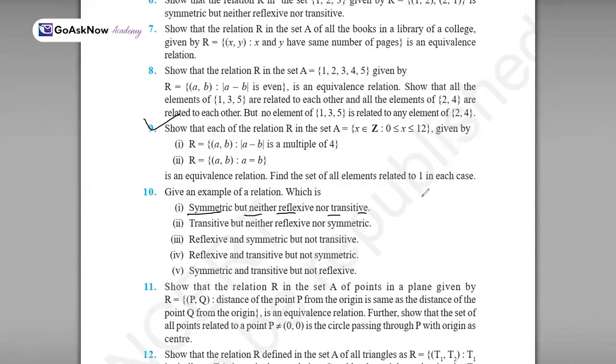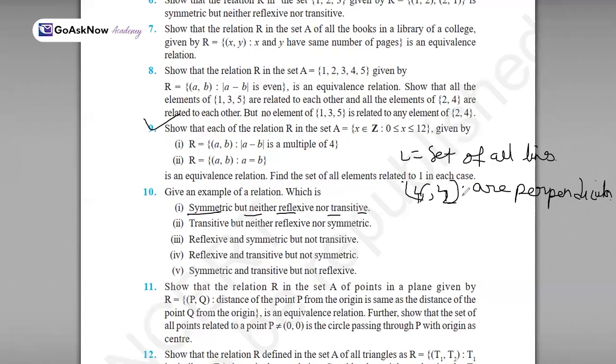So suppose that lines L1 comma L2, this I have already told you in the previous classes, are perpendicular to each other. If L is the set of all lines, and L1, L2 are perpendicular to each other, this is the relation on it.